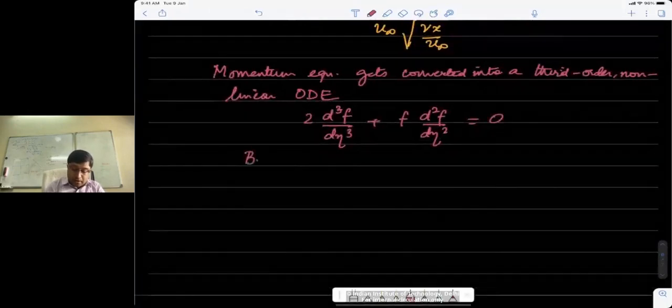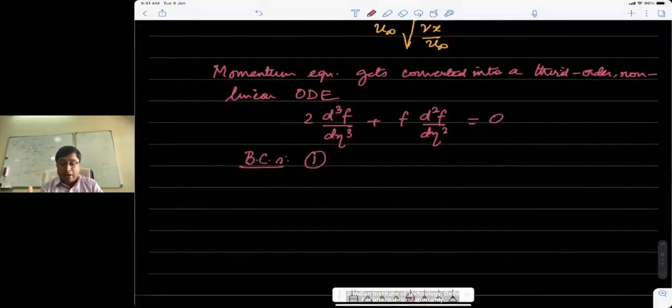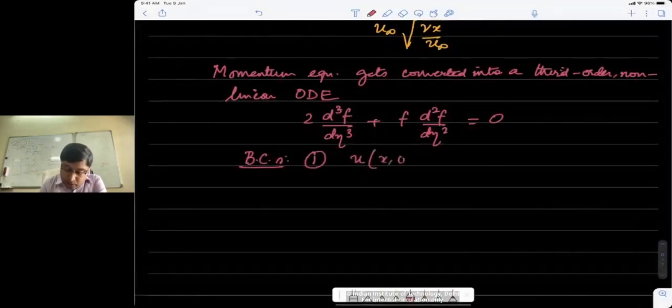And the boundary conditions for this ODE, because it's a third order ODE, you need 3 boundary conditions. So he used the hydrodynamic boundary conditions and converted them into the function f. So for instance, u at x comma 0 is 0. And so he proved that this corresponds to df d eta at eta equal to 0 being 0.